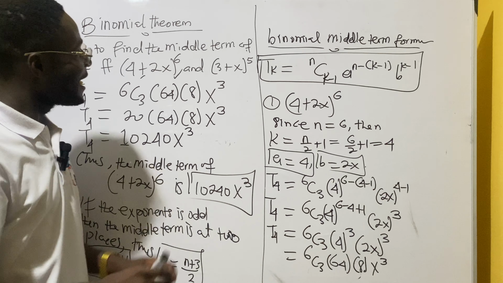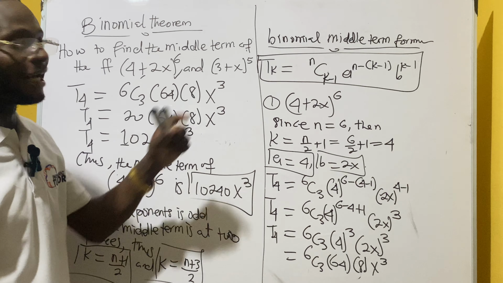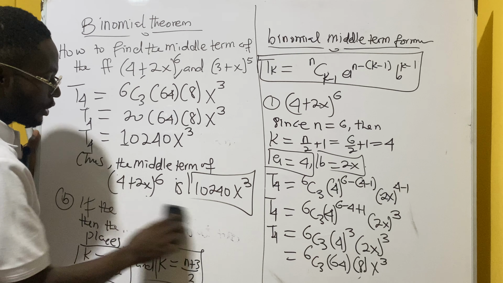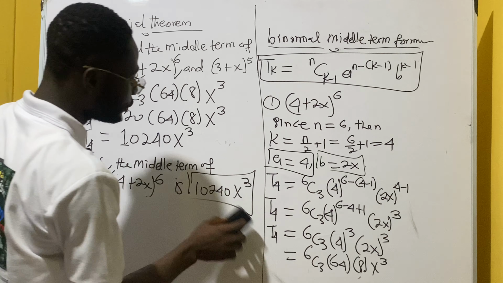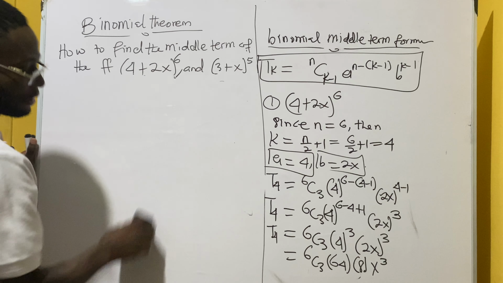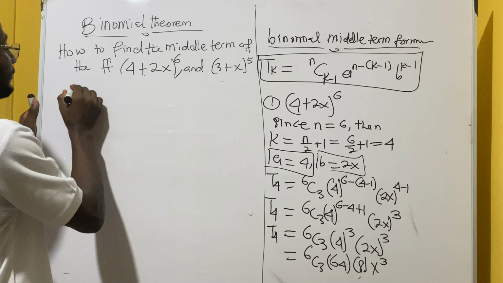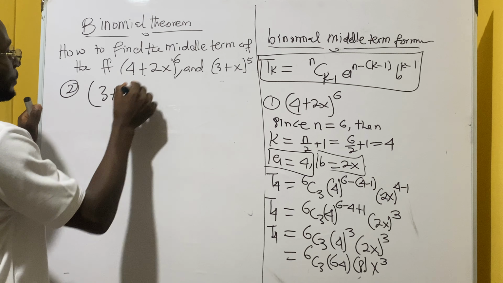That is great. Now we have the second problem, which has an exponent of odd number. So we're going to try that one too and see how it's going to be. We have question 2 to be 3 plus x exponent 5.